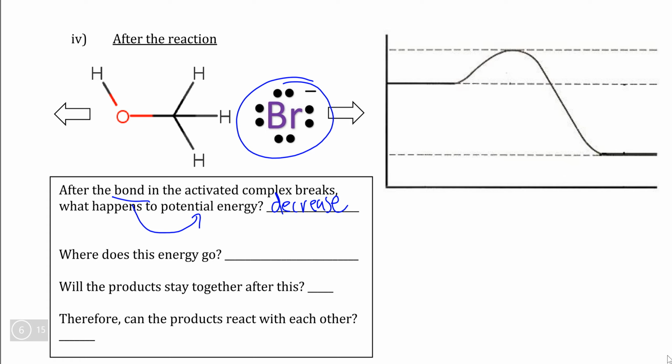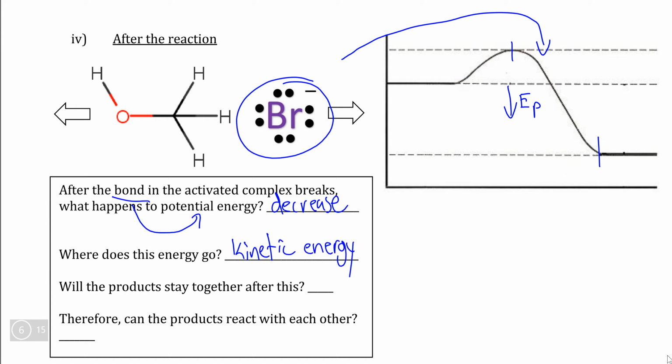And that means that this stage, the breaking of the activated complex, corresponds to this section here with a decrease in potential energy. However, we know energy can neither be created nor destroyed, which means that this potential energy must become kinetic energy.